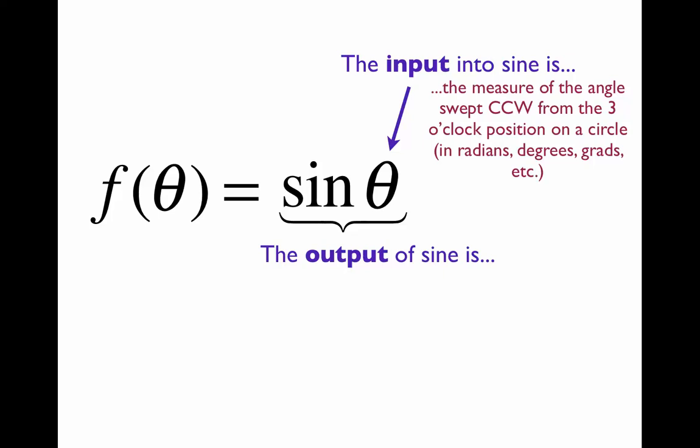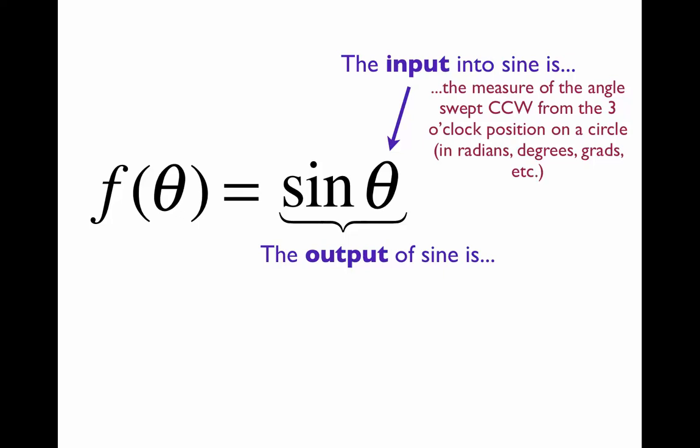Okay? Output. Margarita. Okay, vertical distance from the horizontal diameter. So we want to be a little more precise. We've got to define positive and negative, right?